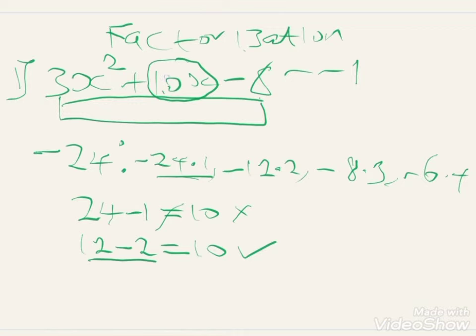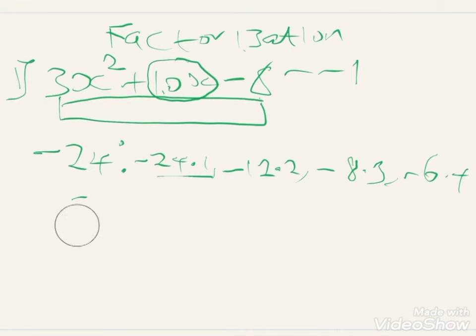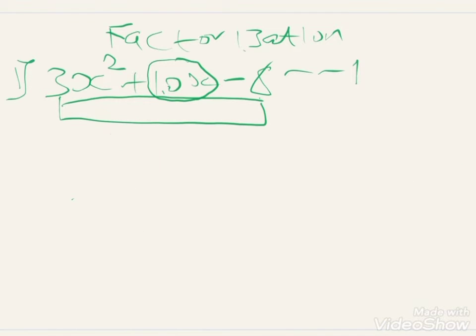So now, in place of plus 10x, we shall put 12x minus 2x in the 10x, to have our new expression. So let us clean for us to have it now. All right, so we now have 3x squared, in place of 10x, I shall have plus 12x minus 2x, then minus 8, okay?